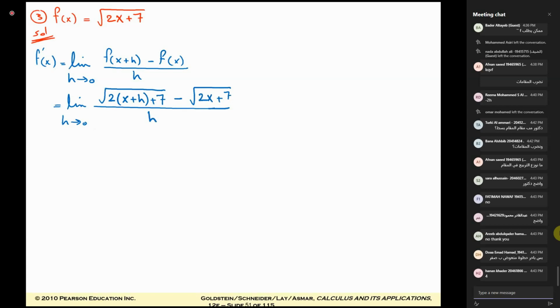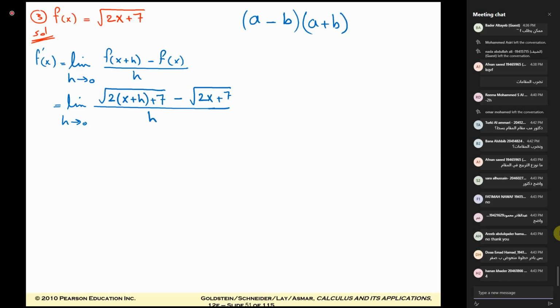The conjugate: for any a minus b, we can multiply by a plus b, because a plus b is the conjugate of a minus b, and a minus b is the conjugate of a plus b.